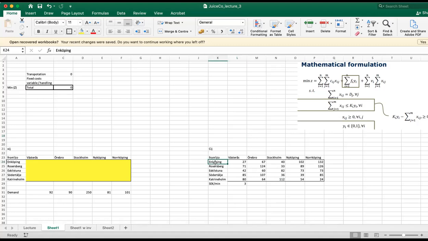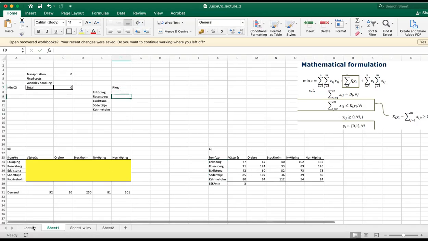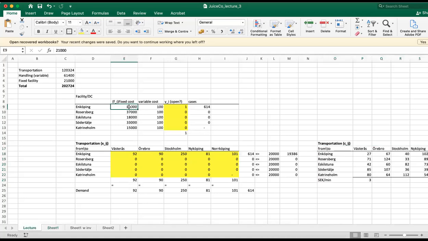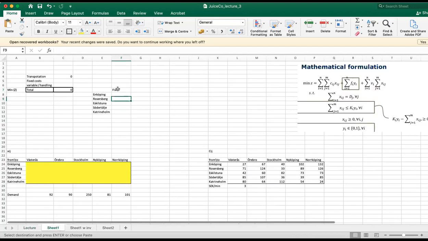Now the fixed facility cost, it's given per distribution center. So we are being given that the fixed facility cost is given, and I will pick it from here since we already have it.